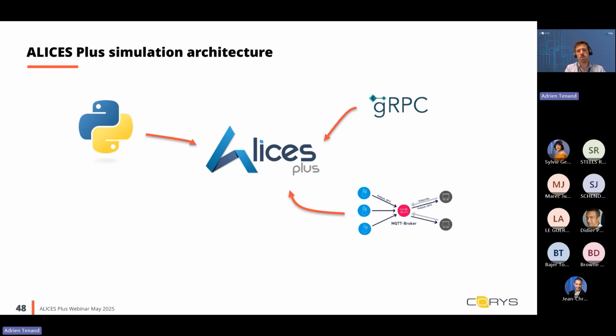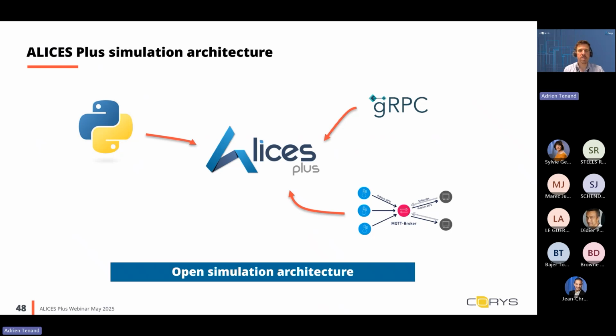These 2 protocols, gRPC and MQTT, are widely used in applications to send orders and to retrieve data from telemetry. So with ALICE Plus, you get an open simulation architecture, and you can plug easily external components thanks to the various protocols and the various APIs we have. So you can plug elements in the simulator. So this is for the simulation part of ALICE Plus.